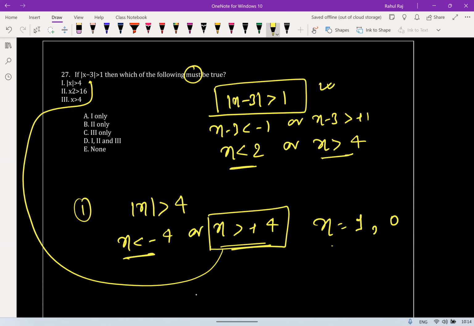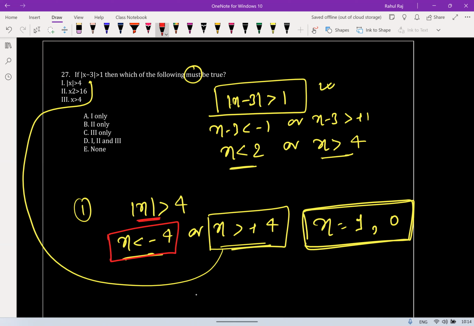Why the hell will I not consider this as an answer? You will not consider this as an answer because mod of x minus 3 greater than 1 is also possible for x equal to 1 and 0, right? And you're not considering these values. A lot of people fight with me, saying, Rahul, this is the equation given to me and I have got the answer x less than negative 4 and x greater than 4.